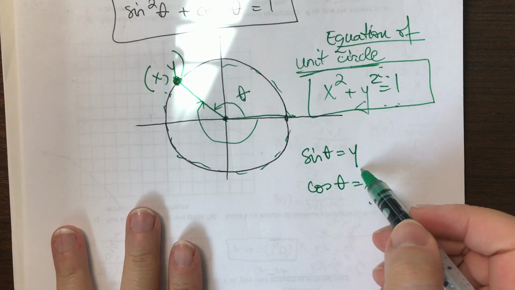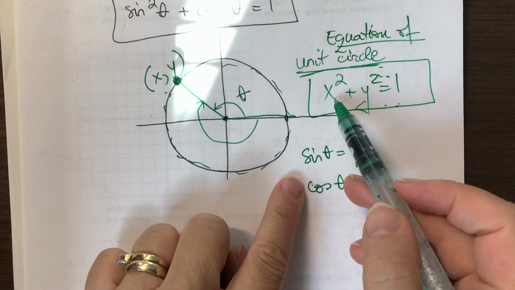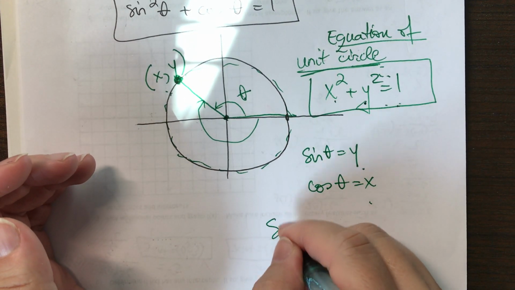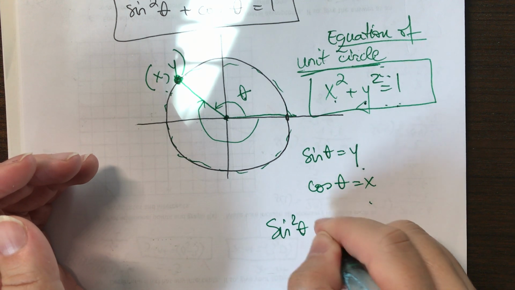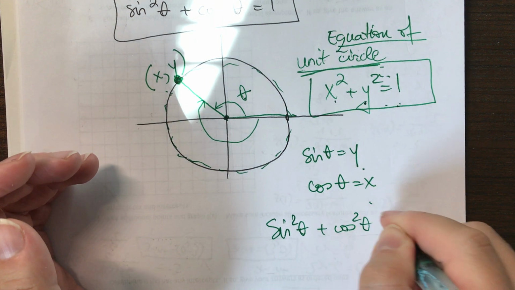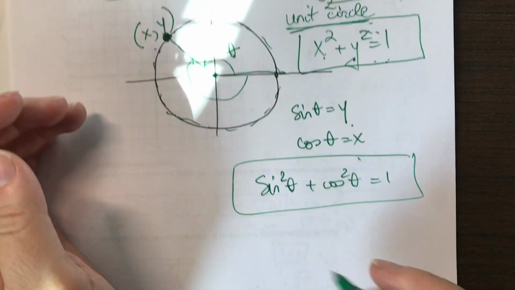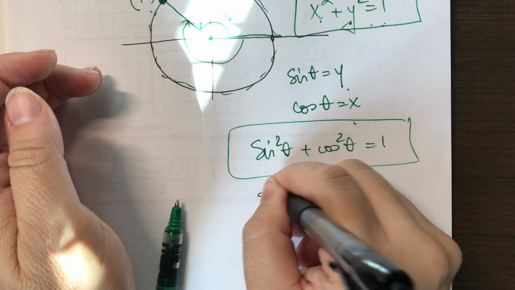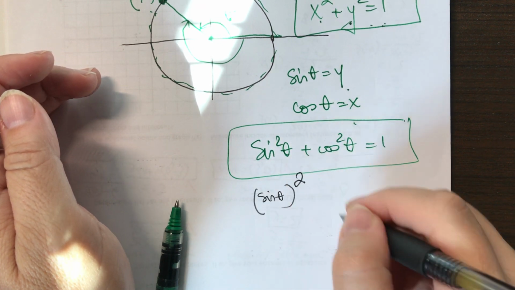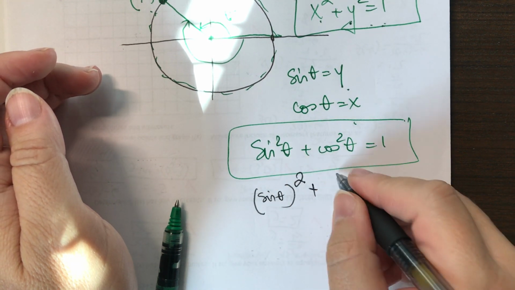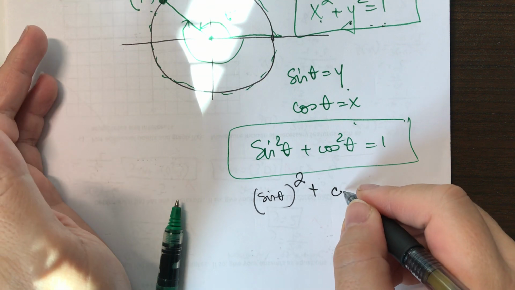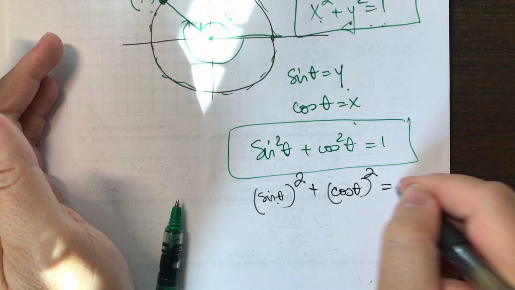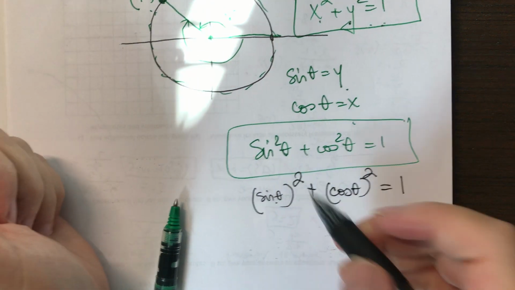So in other words, I'm going to reverse it. Instead of saying cosine squared plus sine squared, we're just going to write that sine squared theta plus cosine squared theta is equal to 1. What does that mean one more time? It simply means that if you take the sine value of the angle theta, you figured out what it is, and you square that value, and you take the cosine value, which is the x, and this is the y, and you square that, you're always going to get the number 1.